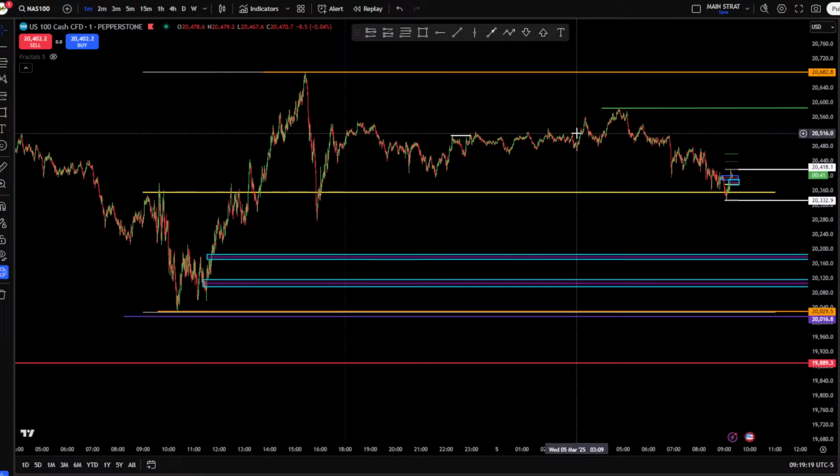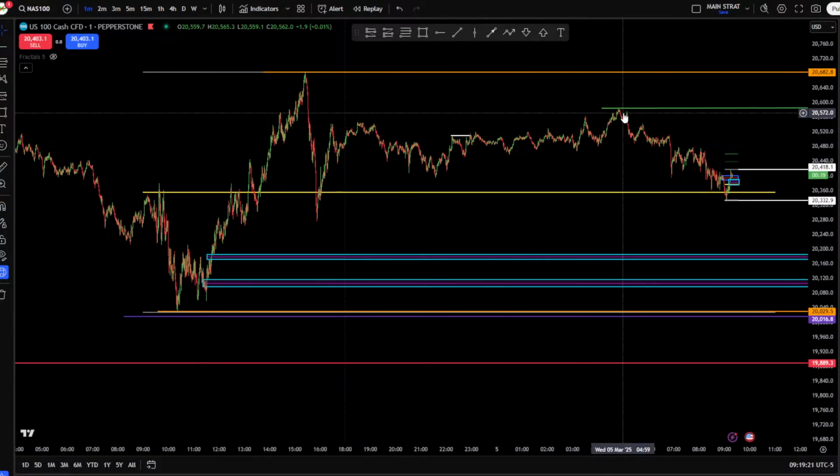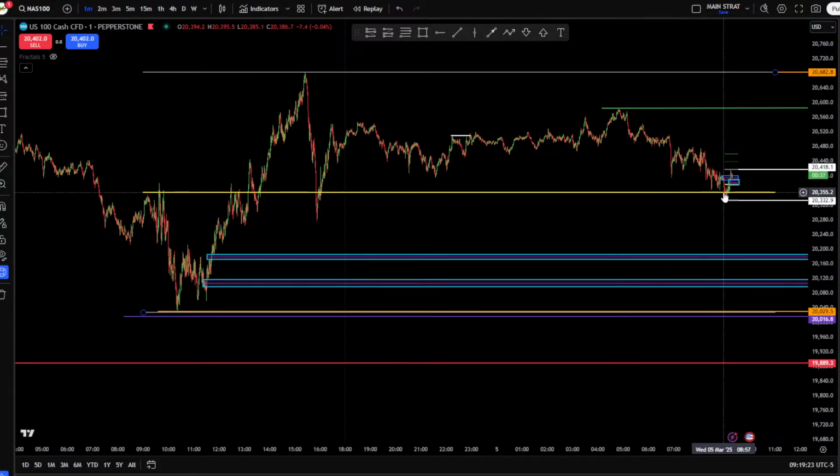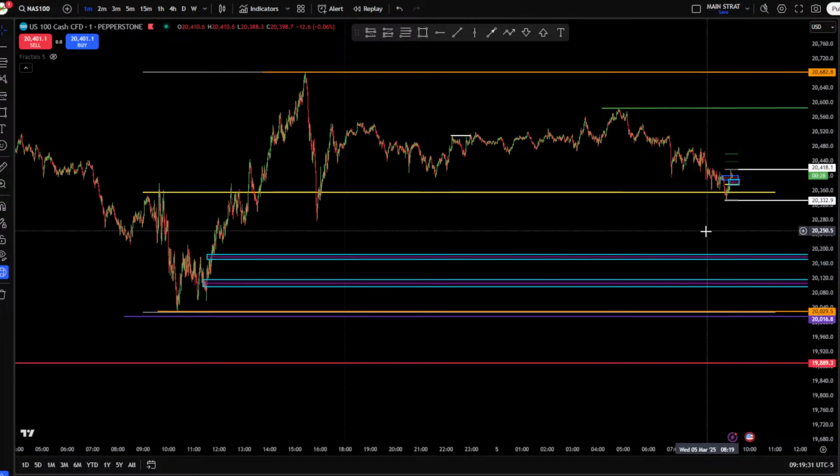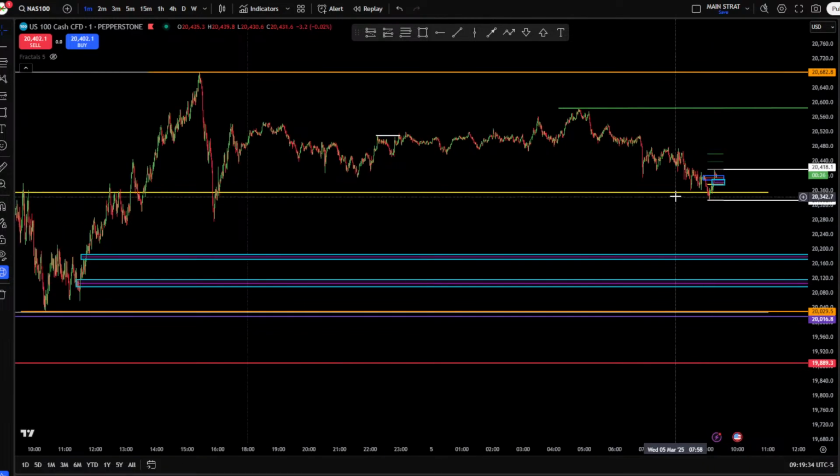And this is still tradable, but once we hit equilibrium, it reduces a little bit your probability of taking a short, or of breaking structure like we did, showing bullishness through structure shifts.